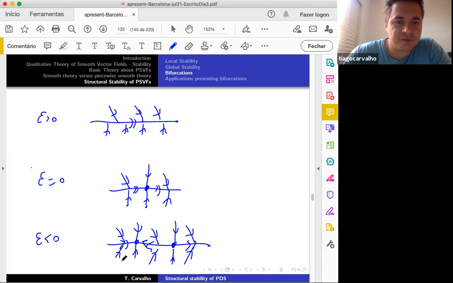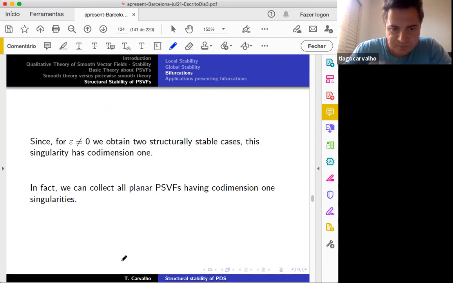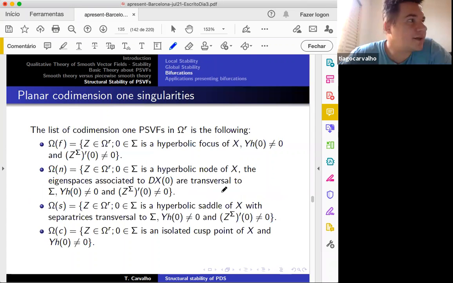Moreover, this equilibrium is a codimension 1 vector field. Is locally codimension 1 vector field. Okay, and we can put all the codimension 1 vector fields in a set.